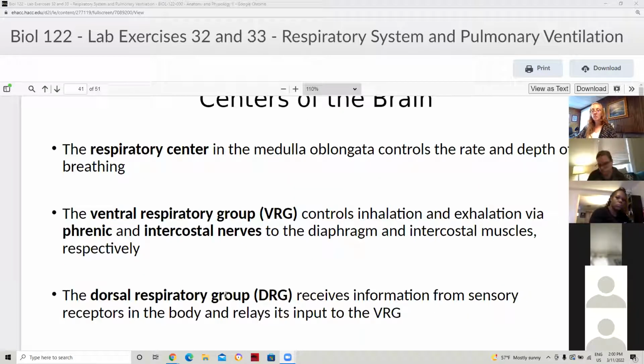The dorsal respiratory group receives information from sensory receptors in the body and relays whether you need to increase or decrease your inhalation and exhalation. Both the ventral and dorsal respiratory groups are found in the respiratory center of the medulla oblongata.